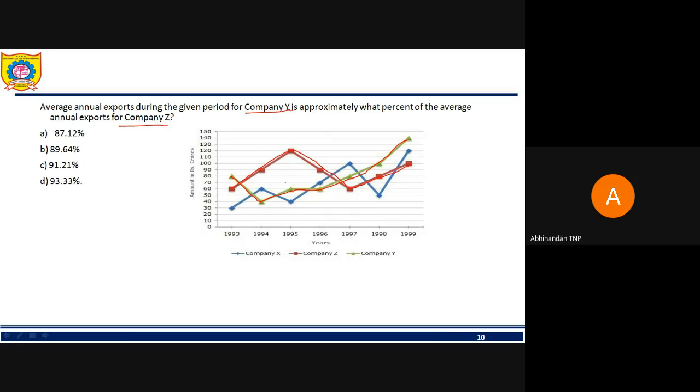So you have to calculate the average export, right? So average is equal to sum divided by total. So just you have to add these numbers, that's all. You have to calculate the average.